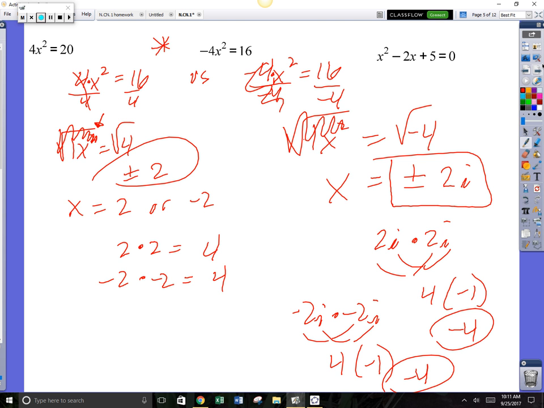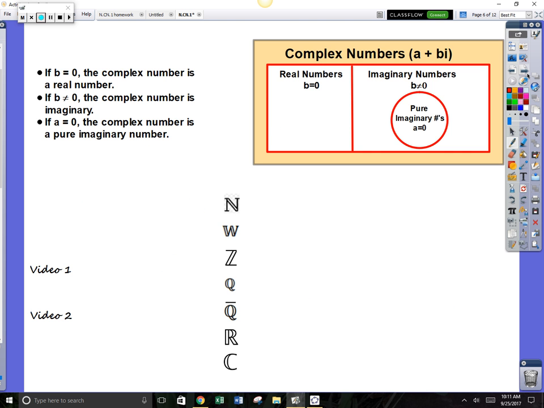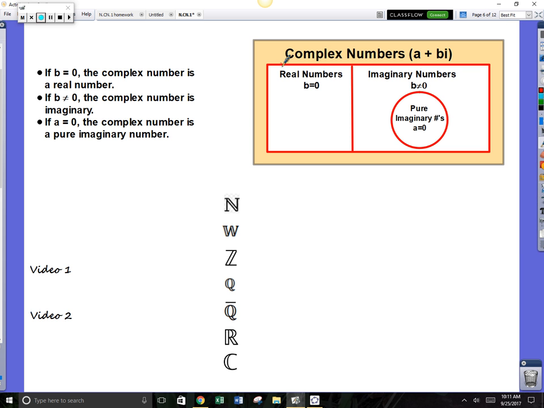Okay, now let's skip. Here we go. We're going to introduce the complex numbers. So all of these are shorthand. And they all have like these 2 bars going through them. So N, that introduces the set of naturals.